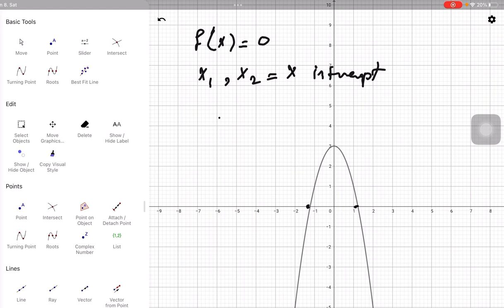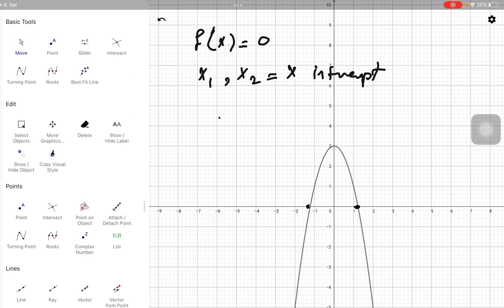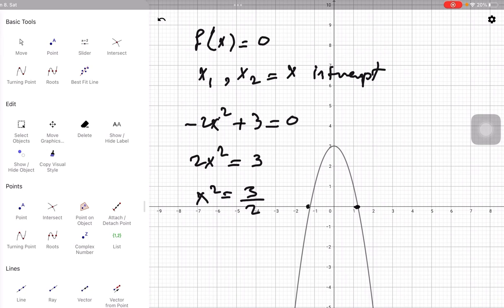These 2 points are very important. In this equation, minus 2x power 2 plus 3, if I want to find where it equals 0, minus 2x power 2 plus 3 is equal to 0, so 2x power 2 equals 3, x power 2 equals 3 over 2, which is 1.5, so x equals plus or minus radical 1.5, which can be positive and negative.